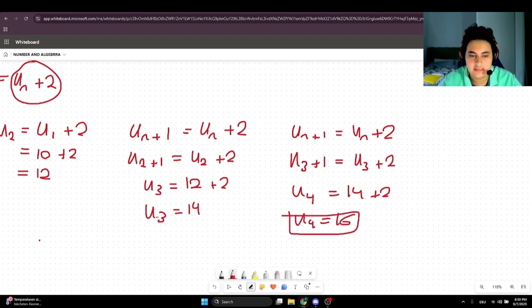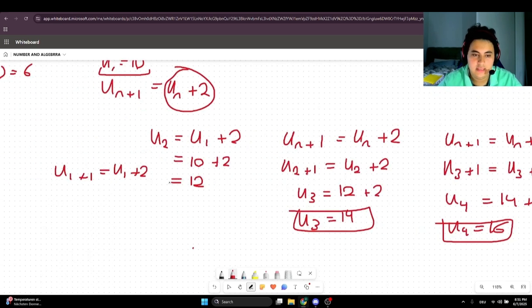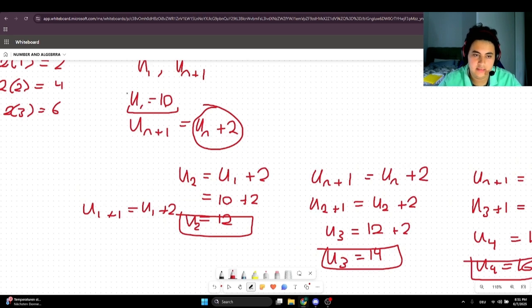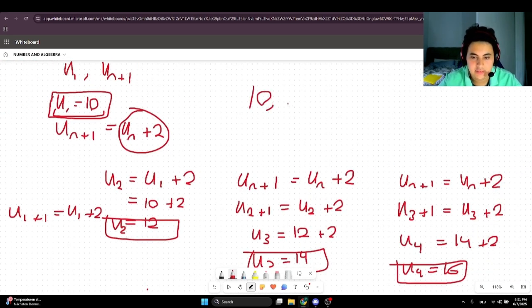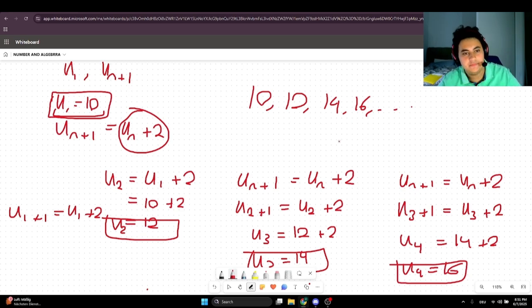So u4 is 16, u3 is 14, u2 is 12, and u1 is already given to us, which is 10. So the sequence that we have so far is 10, 12, 14, 16, dot, dot, dot, because it keeps on going.